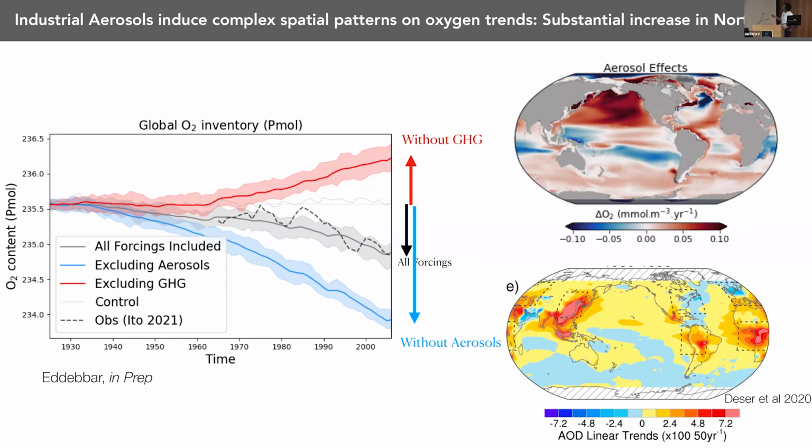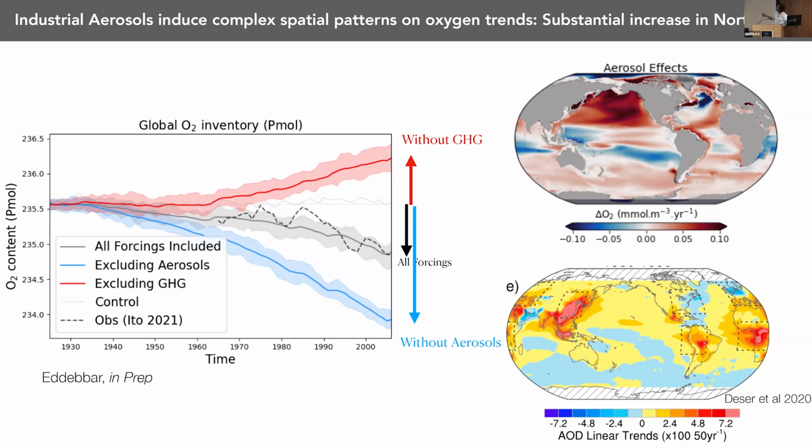Not only that, we also found that the aerosol effect is highly spatial, so it's not global. The largest anomalies are found in the North Pacific and North Atlantic, very similar to volcanic eruptions. That suggests that there is some mechanistic resemblance between these two forcings.